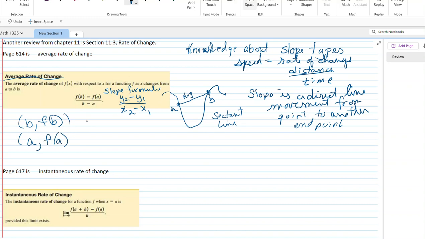So what we're talking about is x sub 2 and y sub 2, x sub 1, y sub 1. So that's what it is, because we understand the functional notation. That means the outcome. It's asking the outcome at that value.